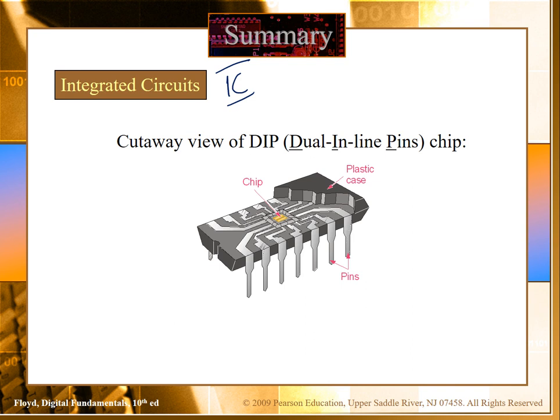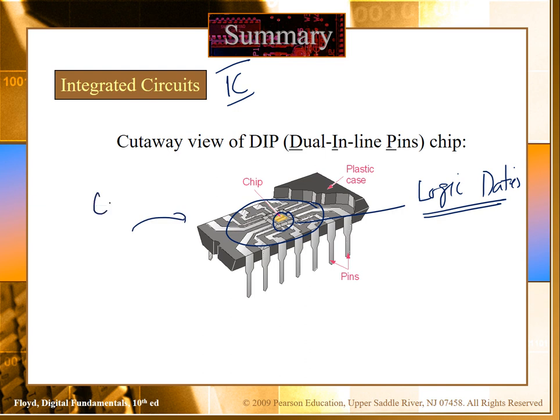This is called a dual inline package. We have a plastic case, and inside of it we have a chip. These are the different pins. In these chips you are implementing different logic gates, and these logic gates are used to perform different kinds of operations.